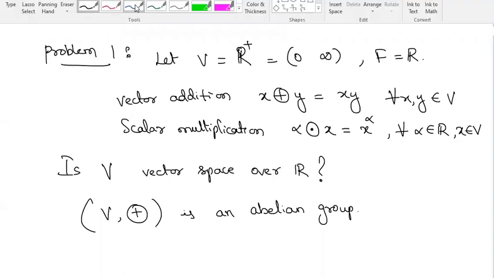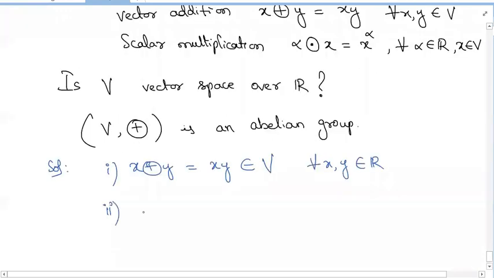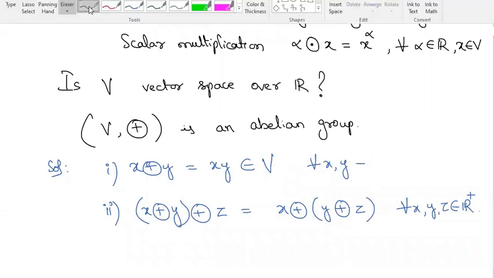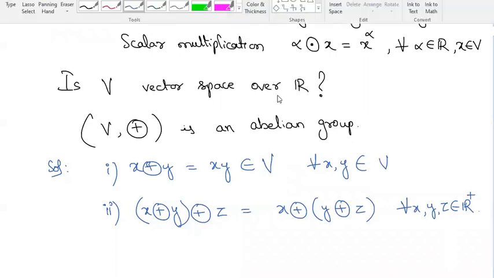The product of two positive real numbers is again a positive real number, so x ⊕ y belongs to V for all x, y belonging to V. And it is also associative: x ⊕ (y ⊕ z) equals (x ⊕ y) ⊕ z, because both sides give xyz. So it is true.